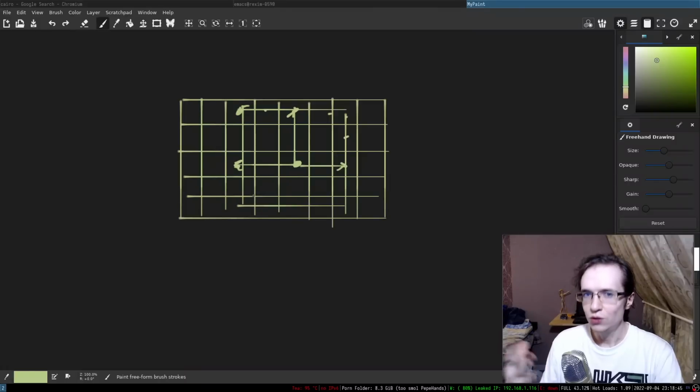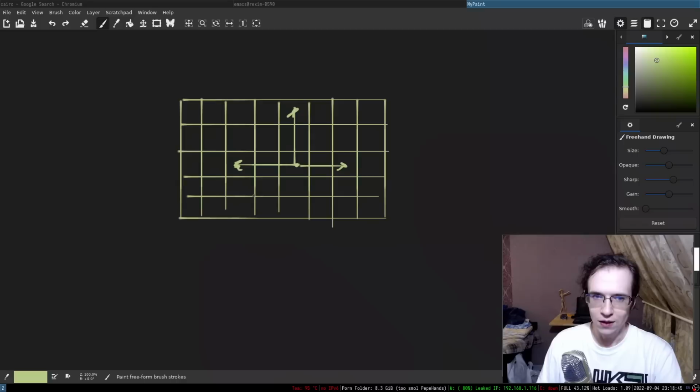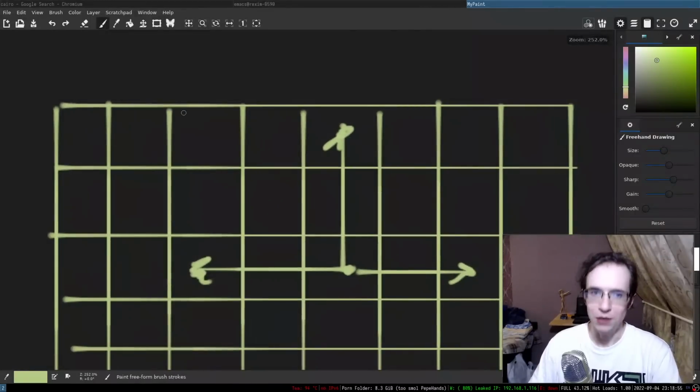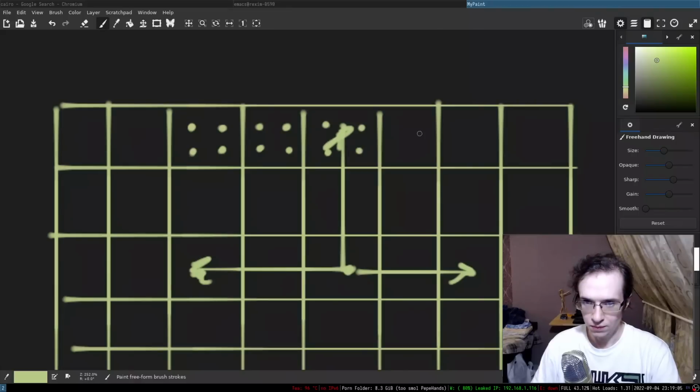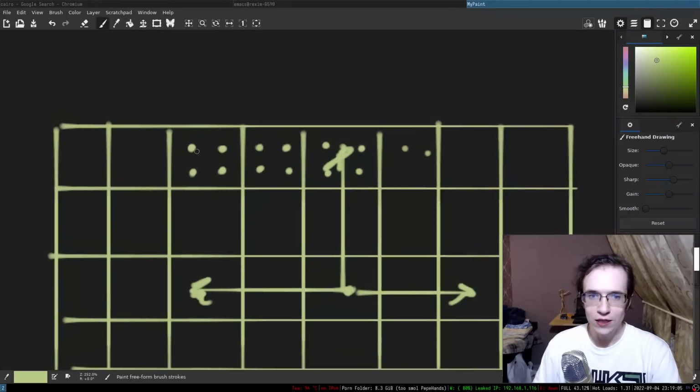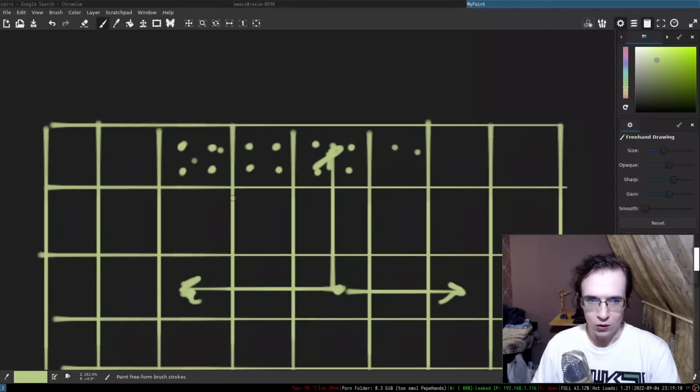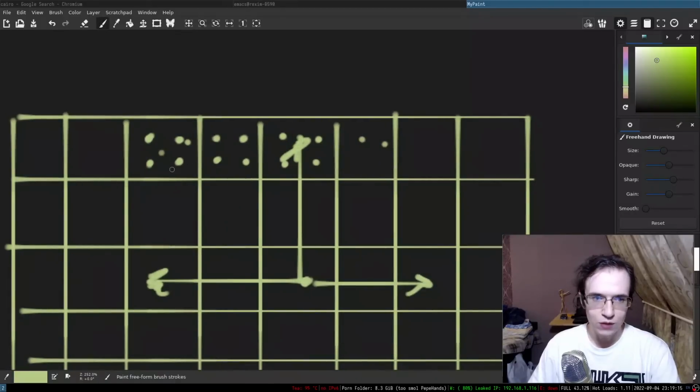Okay, so this is how it works right now. The idea of subpixel rendering is the following. Imagine that instead of iterating each individual pixel, we iterate subpixels. We divide our pixels into smaller chunks. Let's say that each of our pixels is actually 4 pixels, and instead of iterating each pixel, we iterate small subpixels. Let's imagine that for this pixel, we figured out that we have to color it.